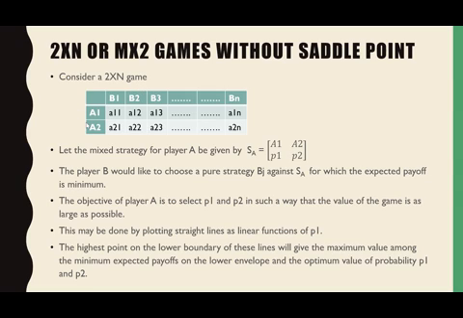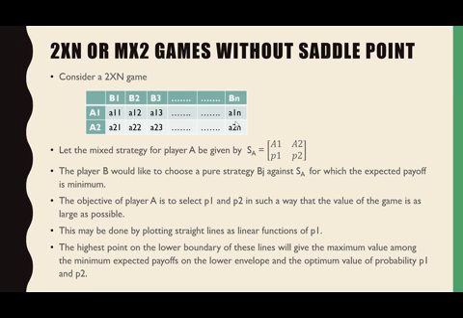It should have 2 rows, A1 and A2, and the number of columns should be more than 2. Here we have B1, B2, B3, so on up to Bn. So therefore it is a 2 cross n game.